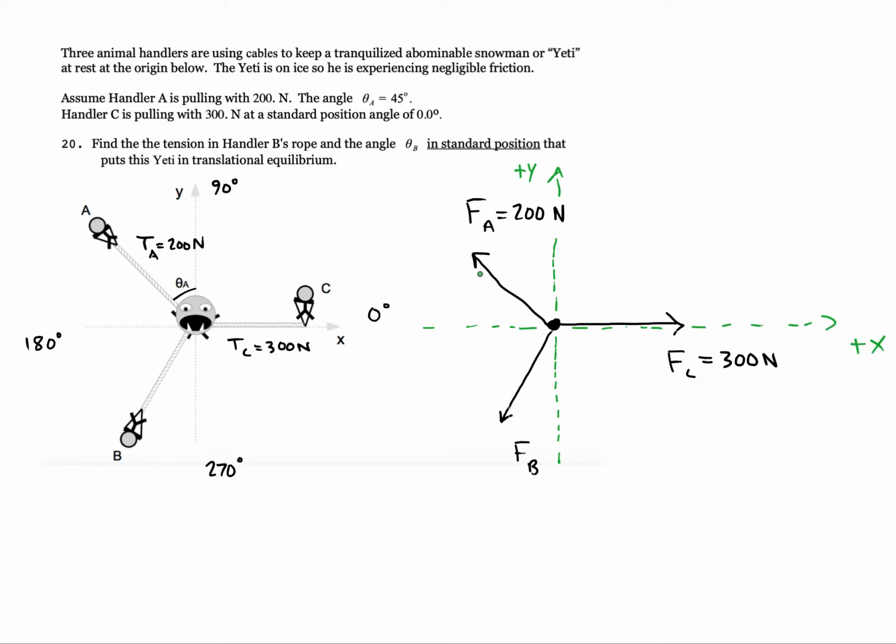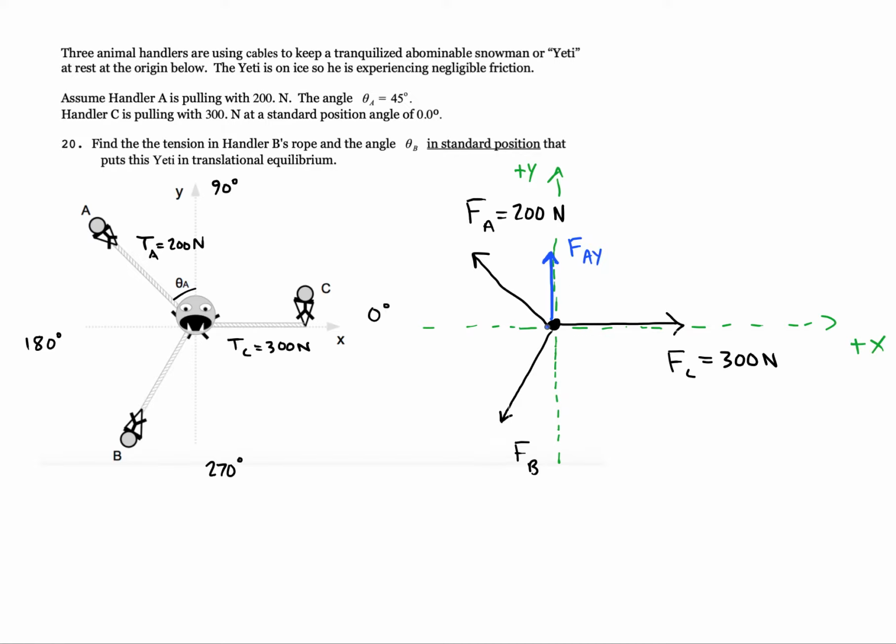So see, the force of A is not in alignment with x or y, and that's the problem for vector mathematics. So you want to get this vector resolved into its components. You want to make a vertical component which is just as tall as that vector's head is, and that'll be called FAY.